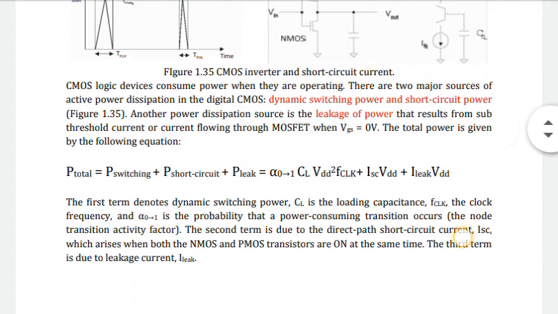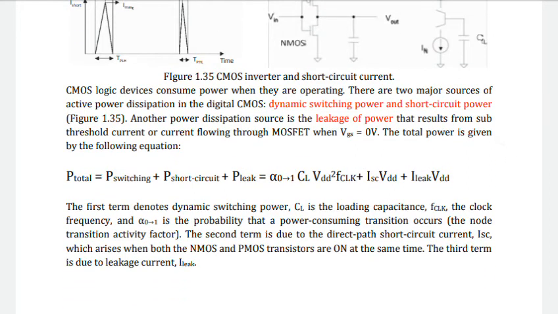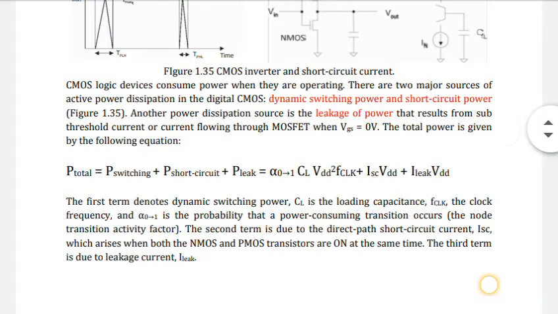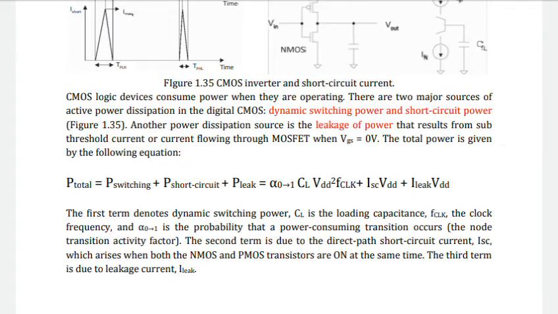The first term denotes the dynamic switching power, where CL is the loading capacitance, F clock is the clock frequency, and alpha 0 to 1 is the probability that a power consuming transition occurs. The second one is the short circuit power, calculated as ISC times VDD, where ISC is the short circuit current.